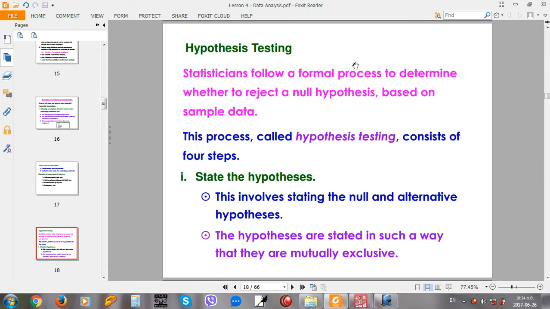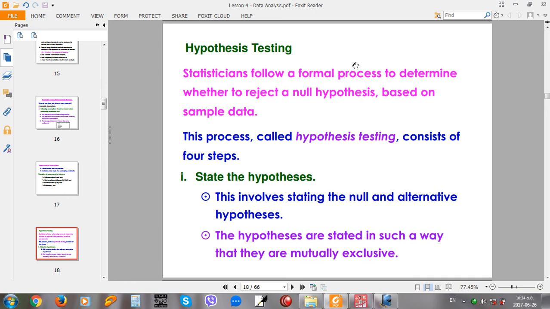I think you already know about hypothesis testing. These things are covered under statistical inference, so I will briefly explain what hypothesis testing is based on our lesson, without discussing it deeply. Hypothesis testing applies when we are doing quantitative research.